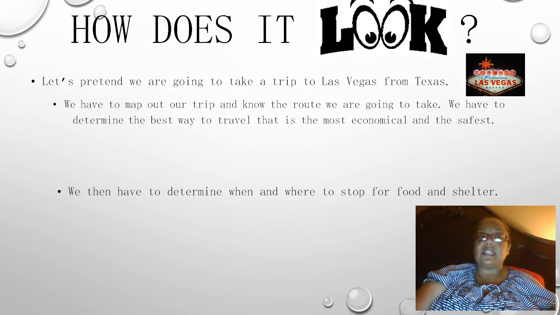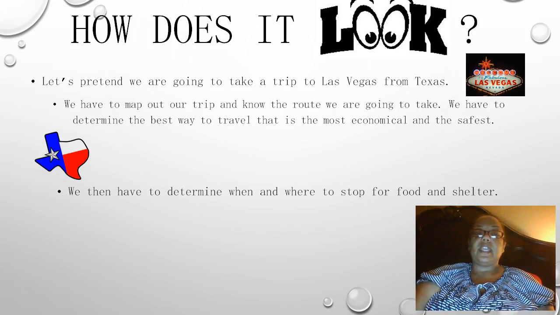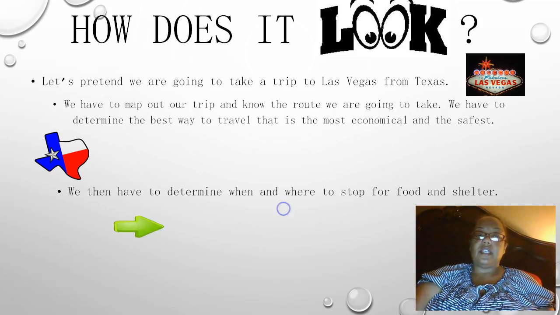How does it look? Let's pretend we're going to take a trip to Vegas from Texas. We have to map out our trip and know the route that we're going to take. We have to determine the best way to travel that is most economical and the safest. In traveling, we'll have to plan our stops. So we'll start in Texas and drive until we get to New Mexico.